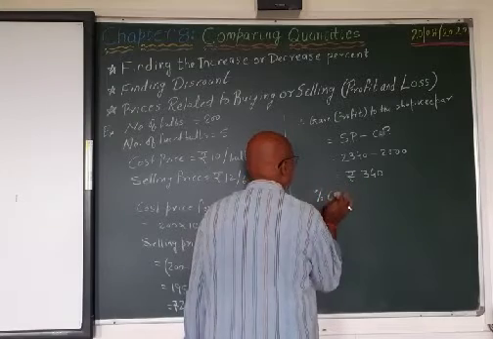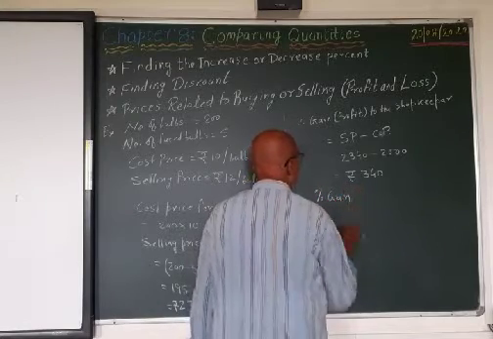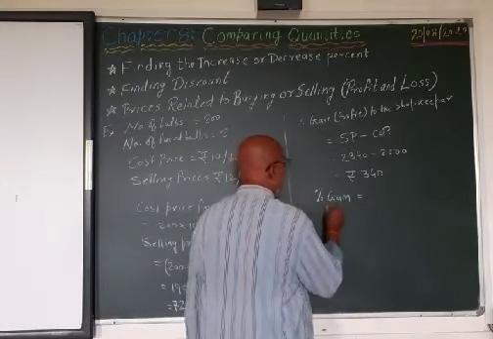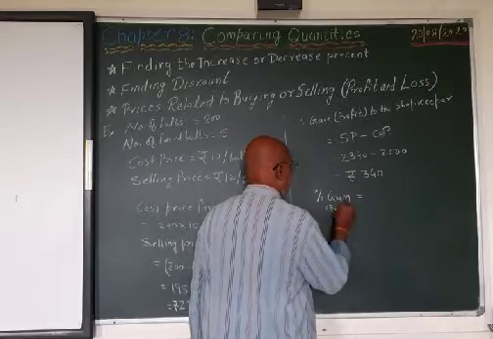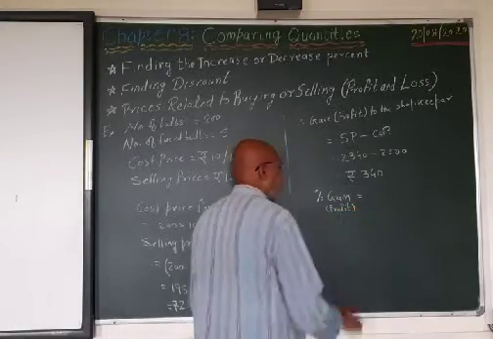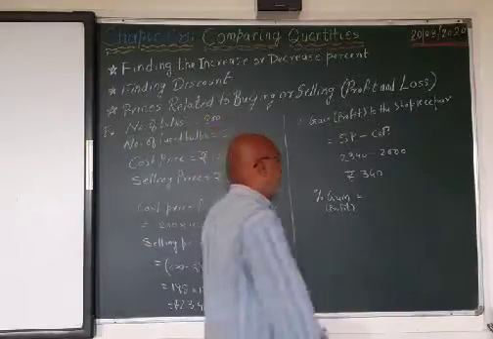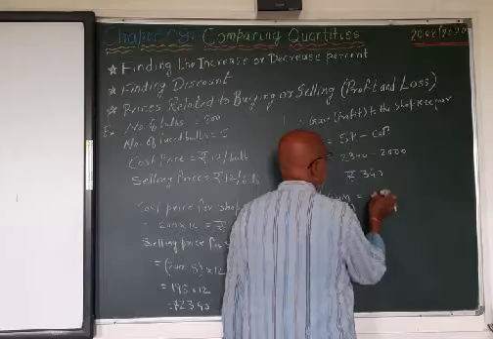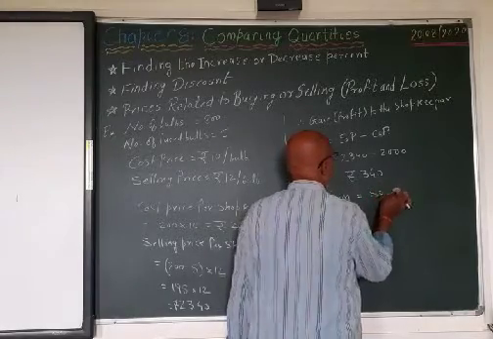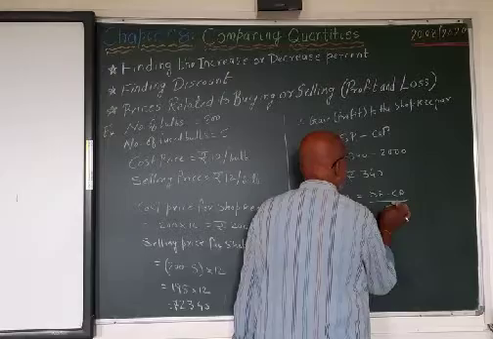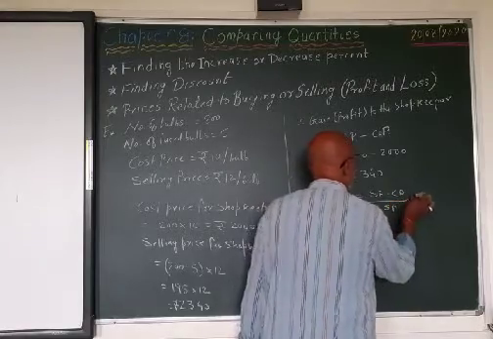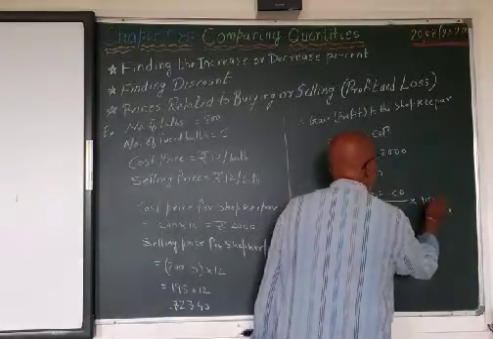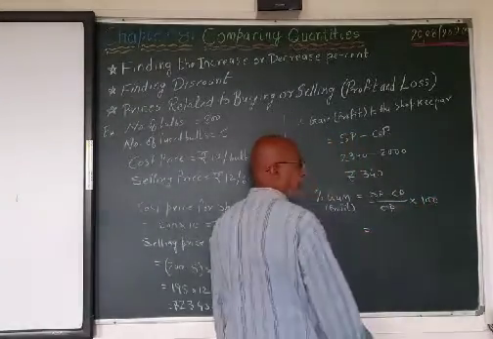And therefore percentage gain equals gain or profit. You can write gain or you can write profit also. So percentage gain or profit is nothing but (SP minus CP) upon CP into 100. This is the formula.